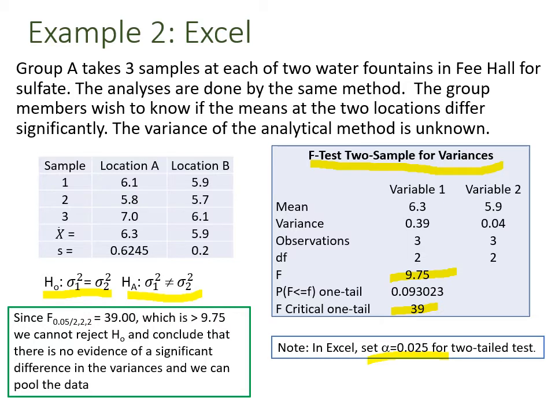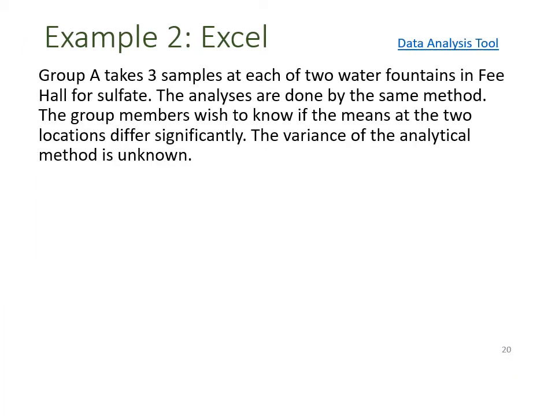So again, we see that the experimental F-value is less than the critical F-value, so we cannot reject the null hypothesis, and again, we conclude that there is no evidence of a significant difference in the variances, and we can pool the data. So again, we have shown that we can proceed assuming we have equal variances.